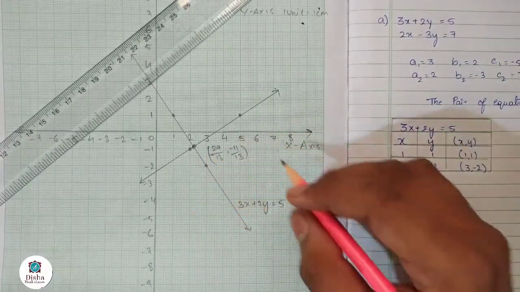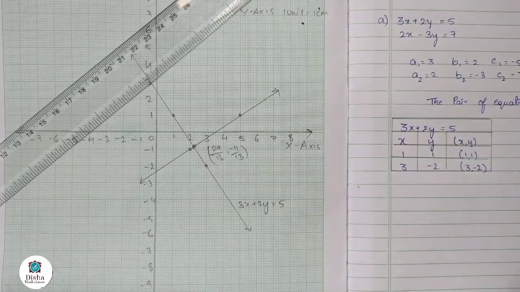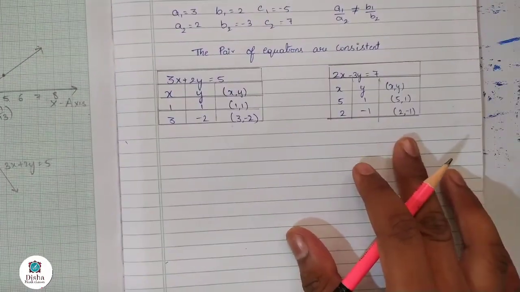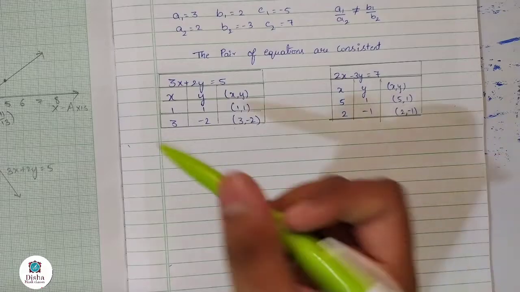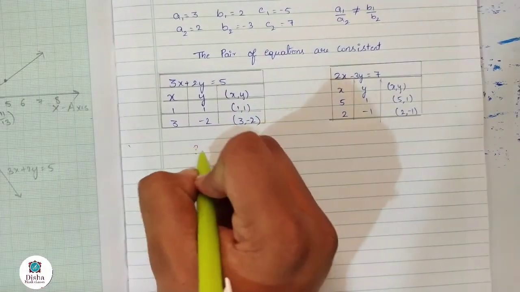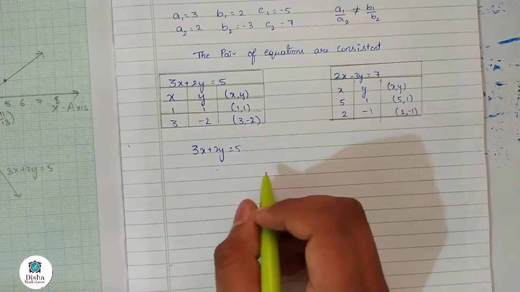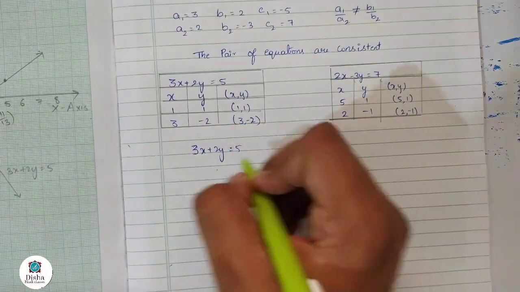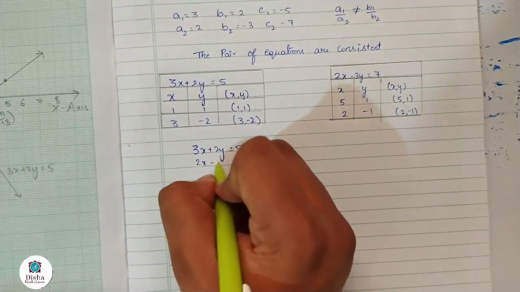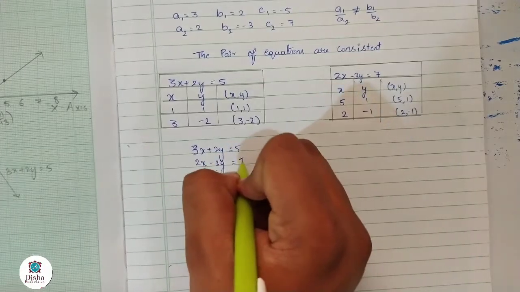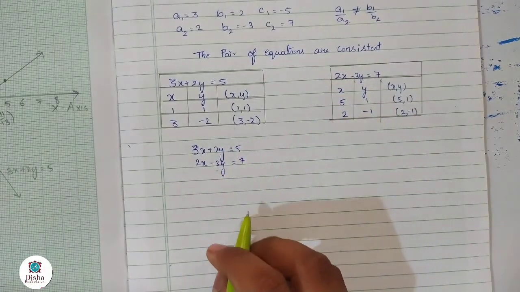So now you will say, sir, how you got this? So I will show you on the board. If you solve these two equations, 3x plus 2y equals 5, and 2x minus 3y equals 7.